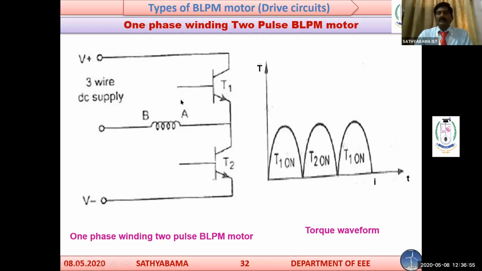This provides unidirectional torque. The merits: the winding utilization is better, and the torque developed is more or less uniform. The demerits: the transistor utilization is less, and this circuit requires a 3-wire DC supply.